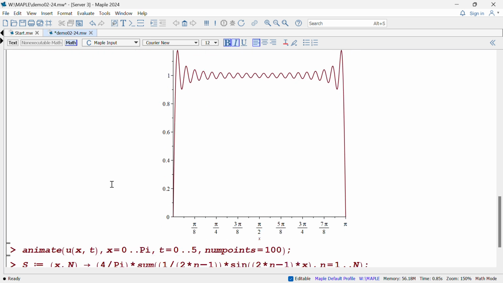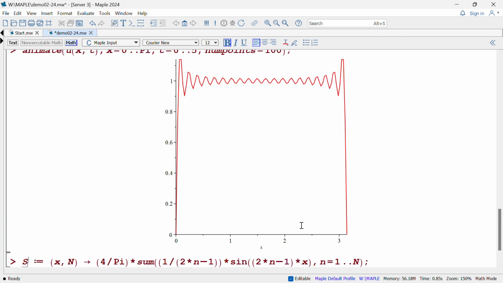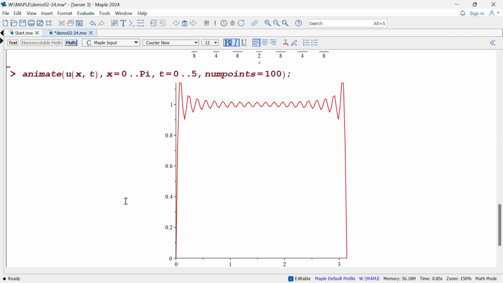Okay, well, now I want to animate what happens to that heat problem. Let's see, is that going to animate it? Notice I have number of points 100. When I didn't put that there, it looked really crummy.